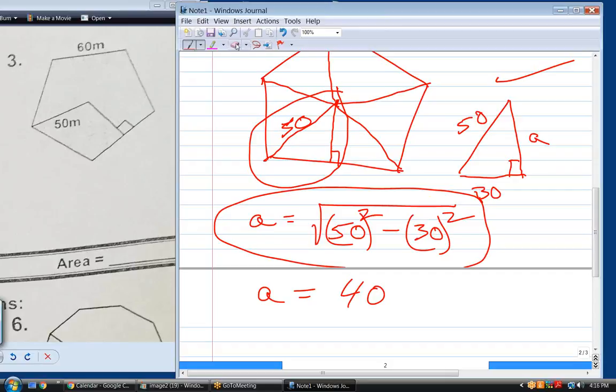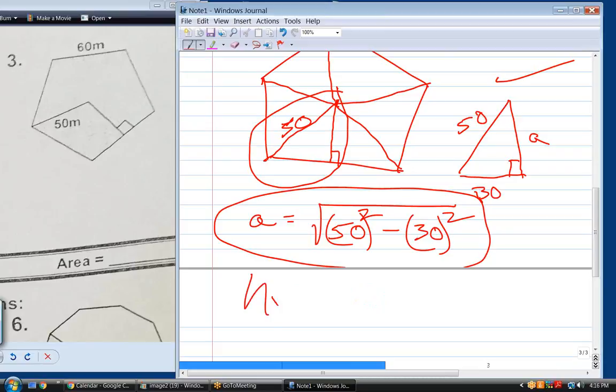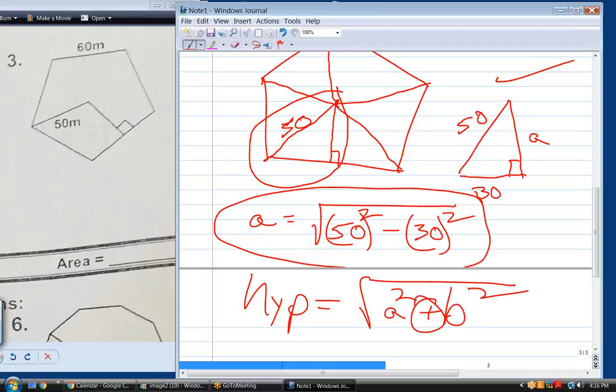If you're solving for the hypotenuse, it's always square root of one short side squared plus the other short side squared. Notice the difference. When I'm solving for the hypotenuse, what goes inside the radical is a plus sign.